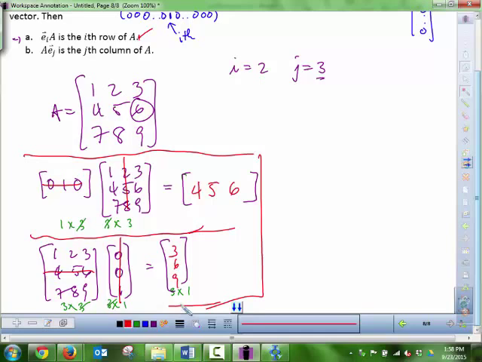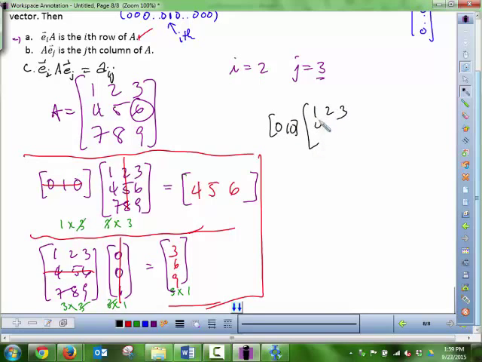But what I was saying is that you could go even further. Ei times A times Ej is going to give you the ijth element of A. So if I take 0, 1, 0, times the matrix A, times the vector 0, 0, 1.